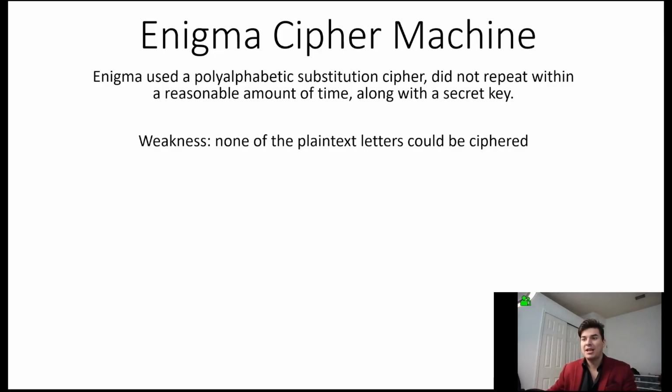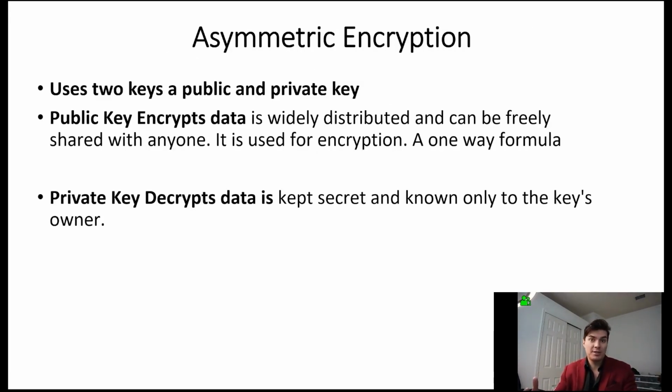The Enigma machine is a polyalphabetic substitution cipher that does not repeat within a certain time frame, along with the secret key. The weakness that it had is that none of the plaintext letters could be ciphered as themselves. Asymmetric encryption is when you have 2 keys, a public key and a private key. The public key is used to encrypt the data, and the private key is used to decrypt the data.